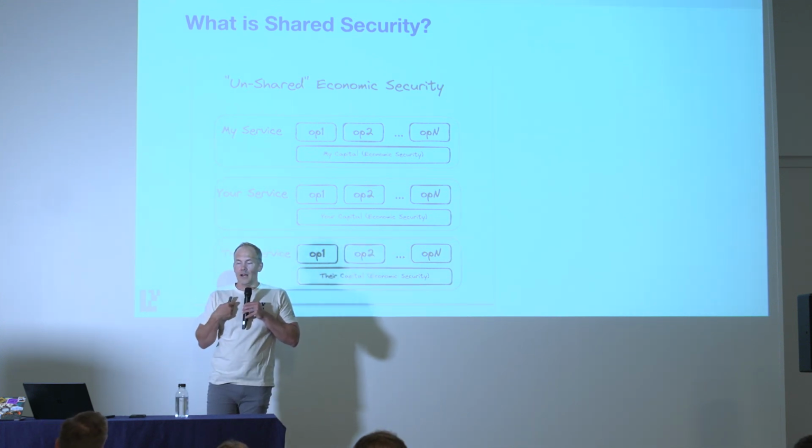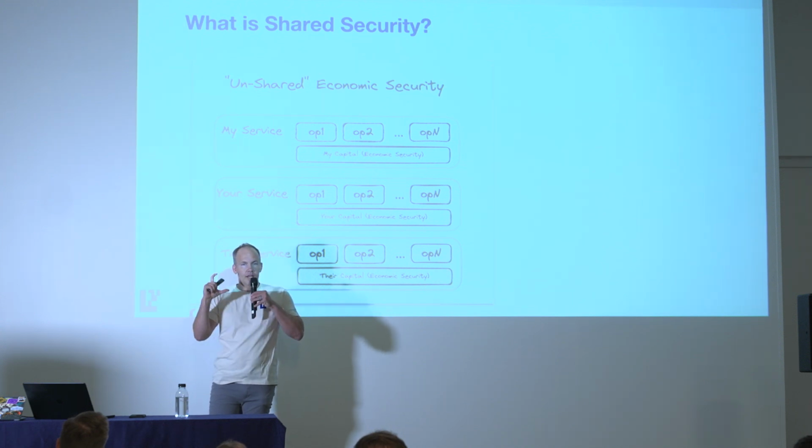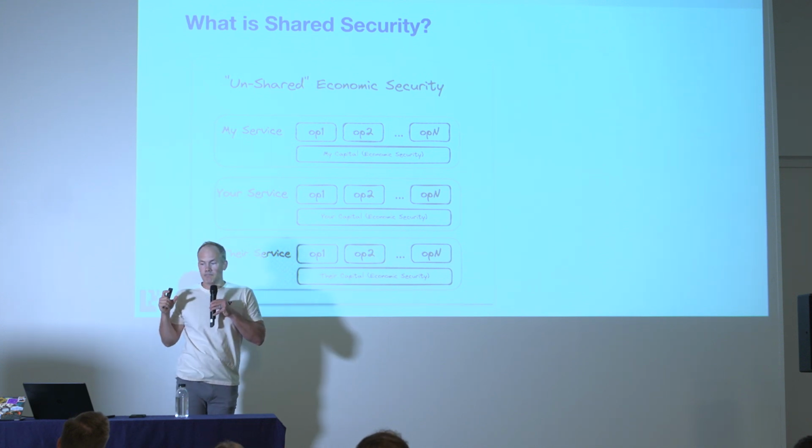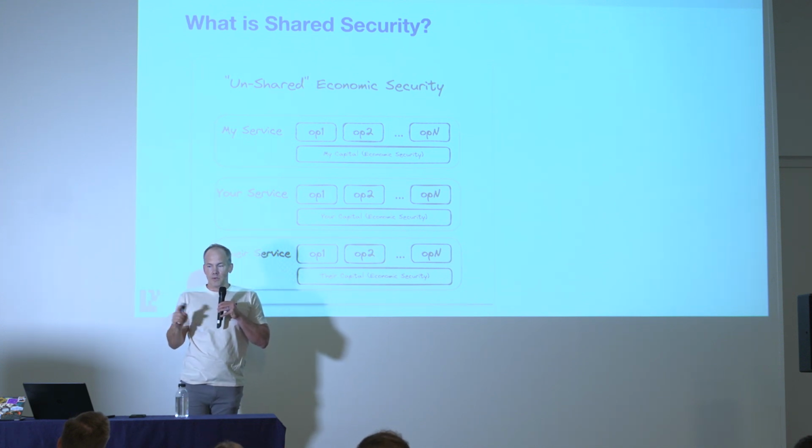If I'm wanting to build my service, I have to build my own operator network, I have to build my own capital base, and I'm really isolated into my own world. There's difficulty and overlap between these various systems, different L1s or different app chains. They don't have interconnectivity. They don't have sharing of capital or operators. And the same is true for all the other services. So you have this isolation.